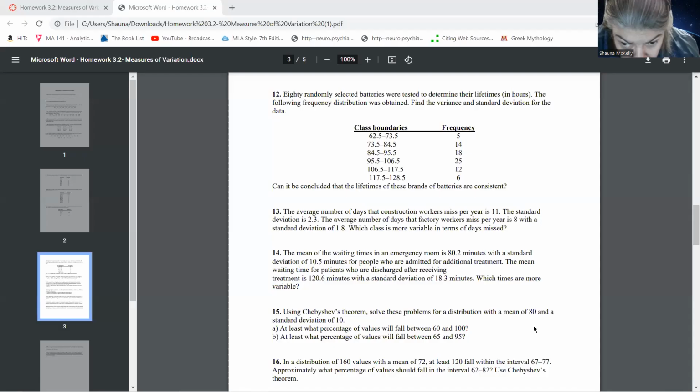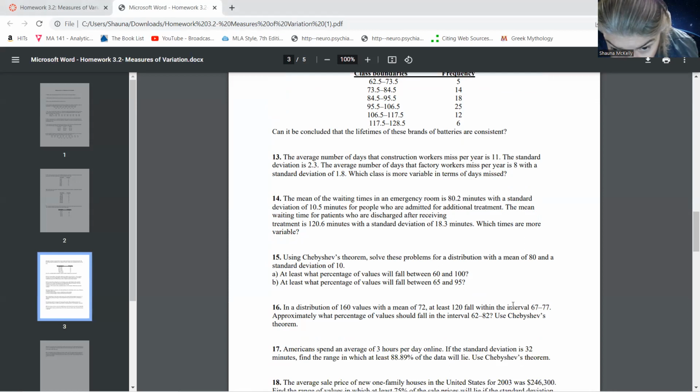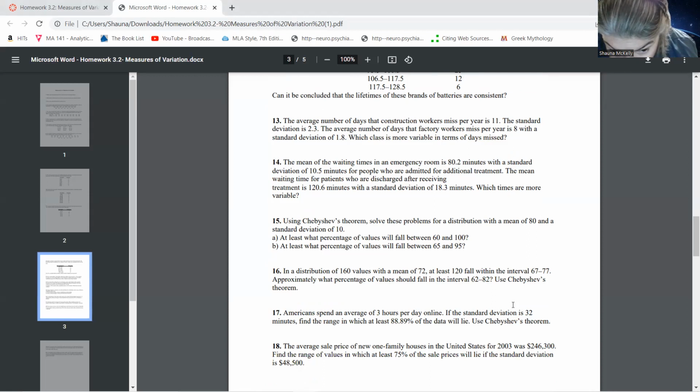So yeah, 14 is going to be similar to that. Okay, now 15 starts Chebyshev's theorem. All of these, 15 through 20, use Chebyshev's theorem. If you're watching this later than Sunday night, I'm going to post this video sometime Sunday.